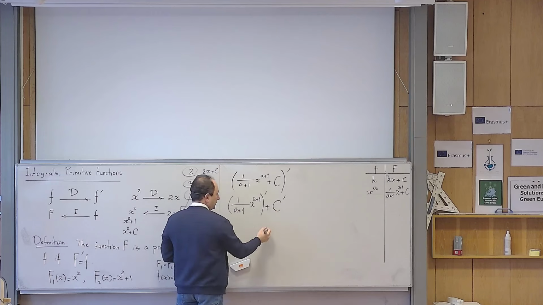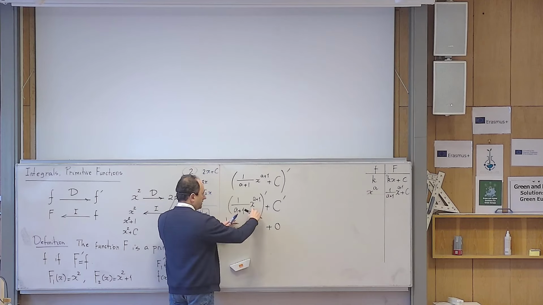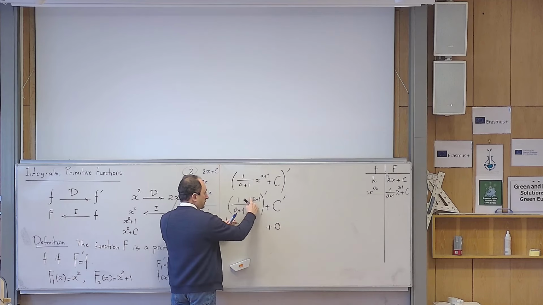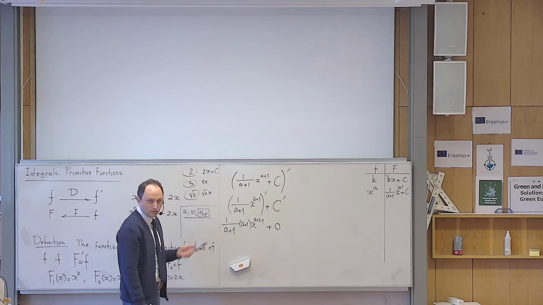The derivative of a constant is what? 0. The derivative of this is a multiplicative constant, so I take 1/(a plus 1) out, and then only concentrate on differentiating this part. To differentiate this part, the power goes down, and then x to the power of a plus 1, 1 unit less. That is the way that we differentiate.